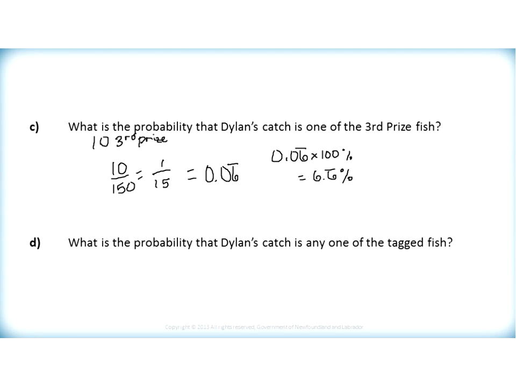Lastly, we're asked, what is the probability that Dylan catches any one of the tagged fish? Well, there was 1 grand prize, 5 second prize, and 10 third prize, which gives us a total of 16 tagged fish.